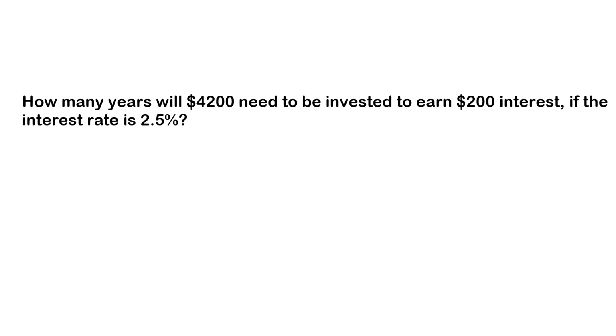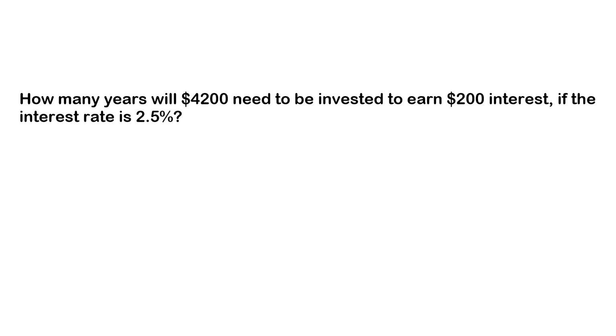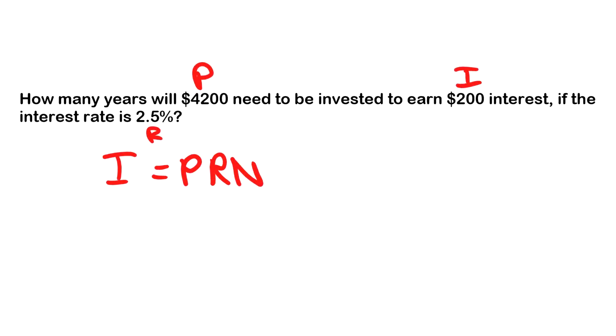So how many years will $4,200 need to be invested to earn $200 interest if the interest rate is this? So I equals PRN, here's P, oh, we have interest this time, and there's R. The problem is we need to rearrange this equation to find N, because that's what we're after this time.